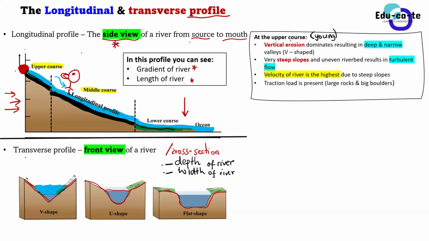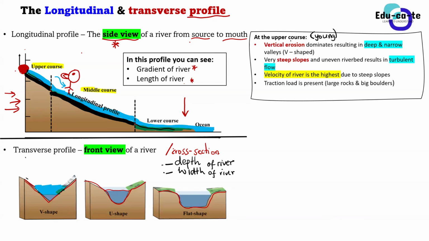So the river is young, the river has got more energy. But now we need to understand what is causing the river to have more energy. Why do we even call the river young at the upper course?